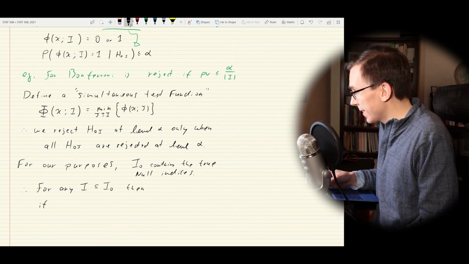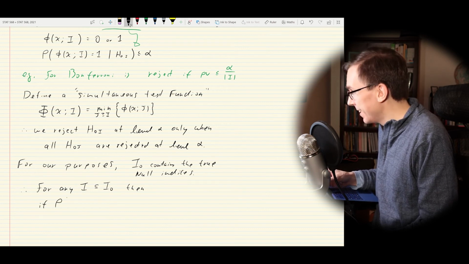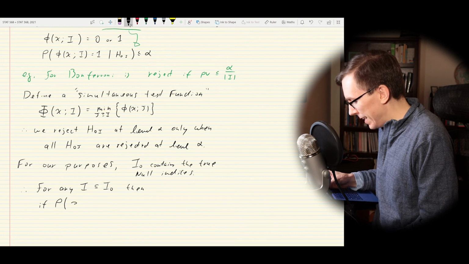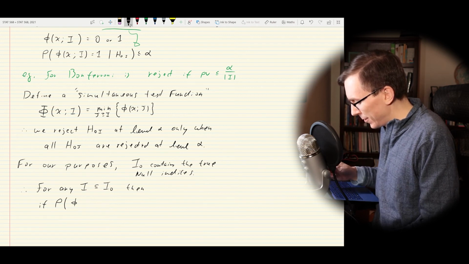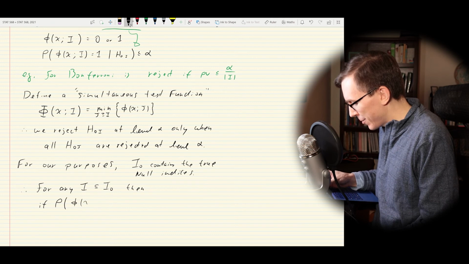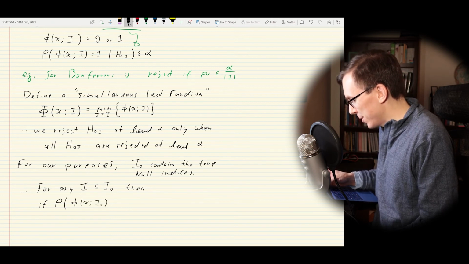if the probability of little phi of x, for whatever x is supposed to be, I naught, I completely messed that up. Little phi of x, for I naught, is equal to 1.